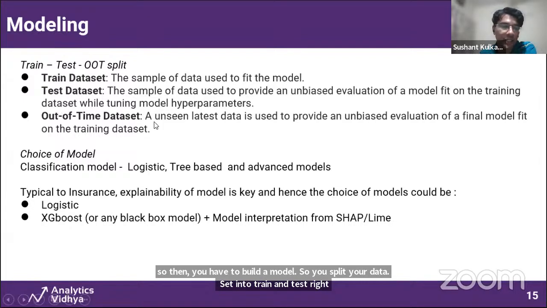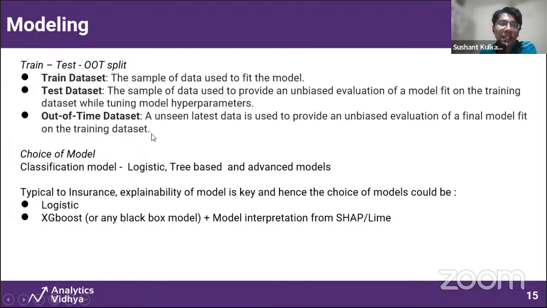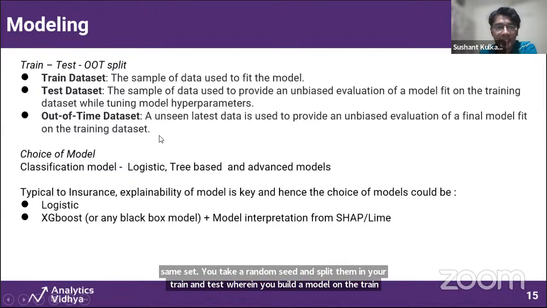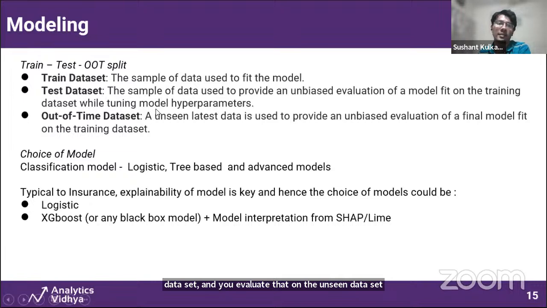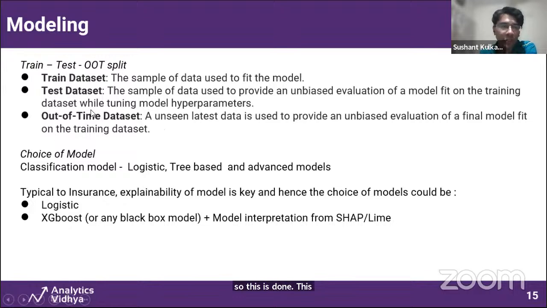Sometimes it's also a good practice to check your model on a more recent period. While you build all this, it might take a few weeks to a few months to set up the whole process. So by the time you have done all this, before you deploy or go live with this, you would still want to verify it, so you would want to use a more recent sample.